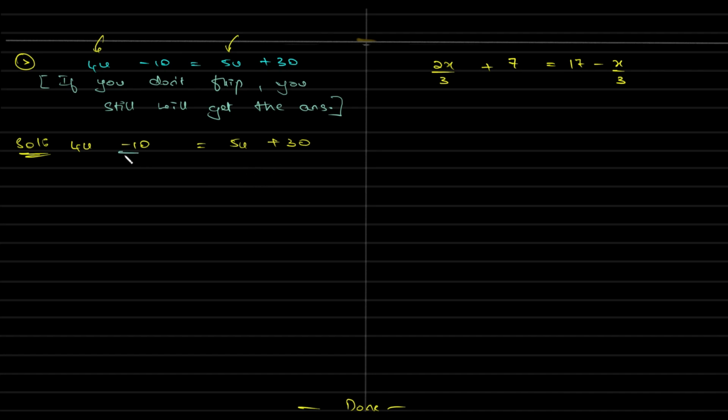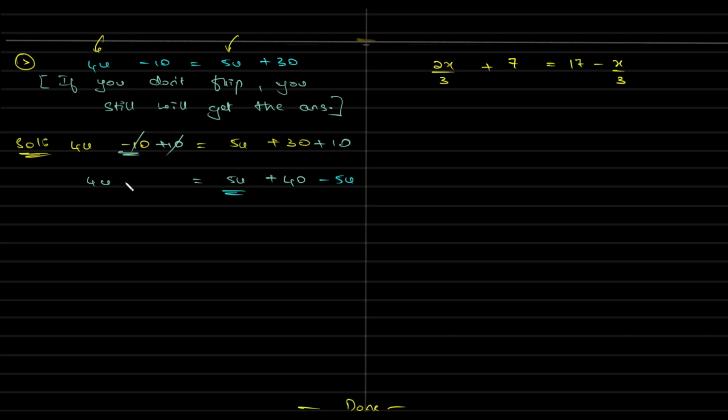Now let's eliminate negative 10 on the left hand side by adding positive 10. So we have 4u is equal to 5u plus 40, is it not? Next, I have to eliminate 5u.